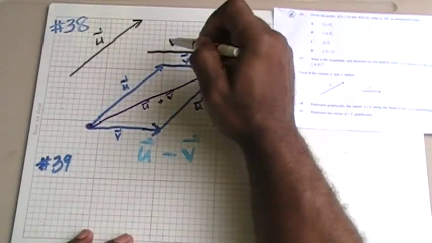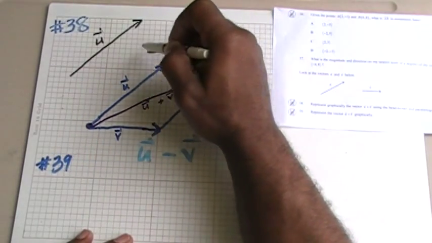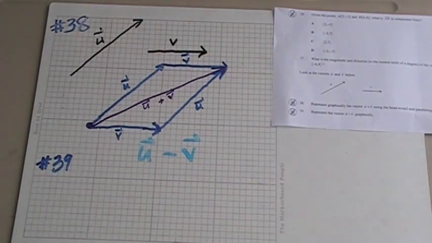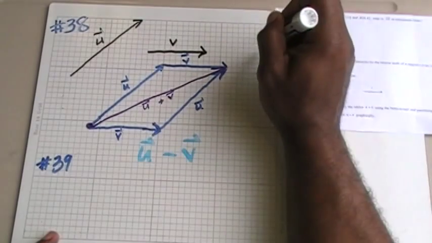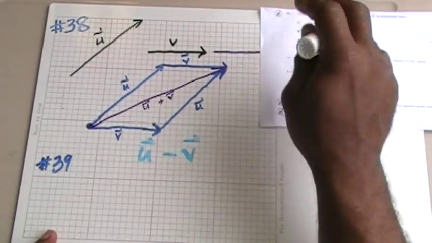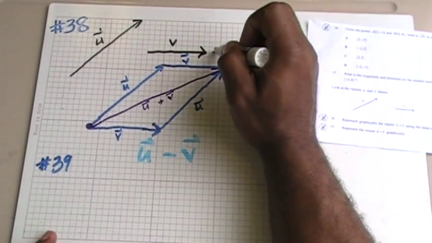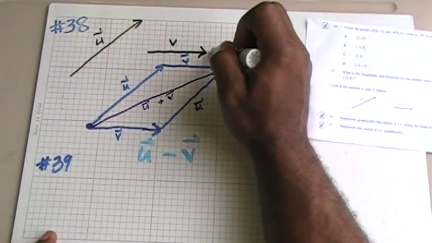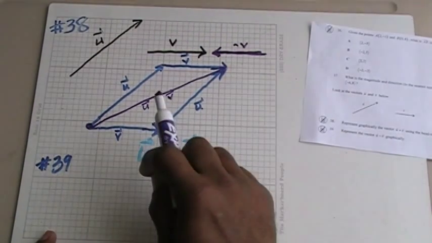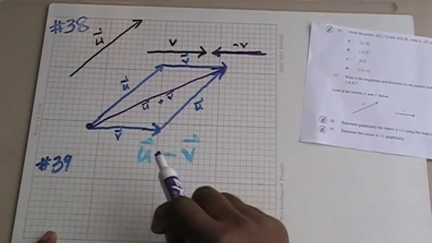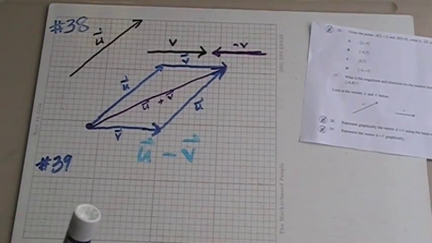So if this is vector u and this is vector v, then negative vector v would be the same distance in the opposite direction. So you have v, you have negative v.